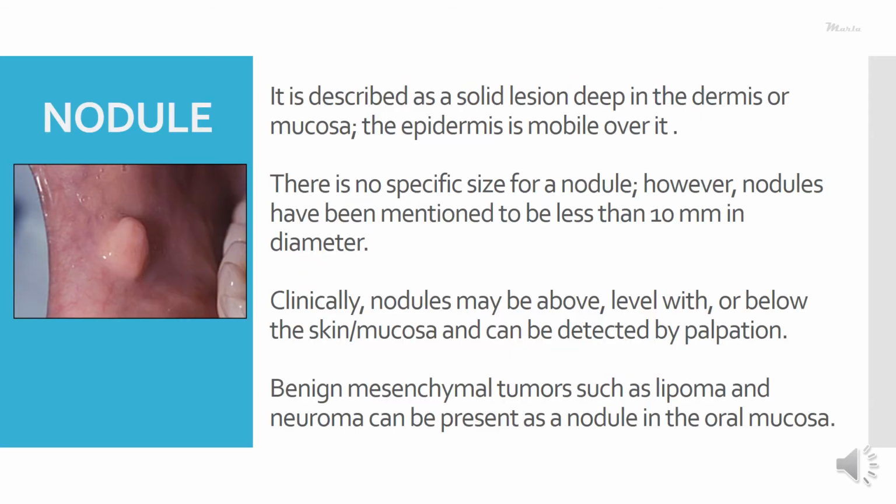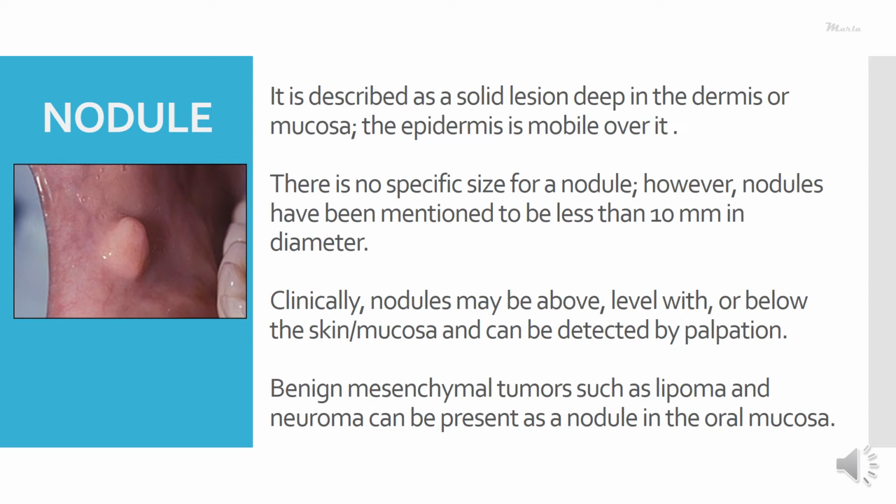Then we have certain lesions which present as nodular presentation. These are also elevated lesions, but they are solid elevated lesions, and they extend deep into the dermis or the mucosa, and the epidermis is mobile over it. Even though they extend deep into the dermis, there will be some mobility because it is not fixed.